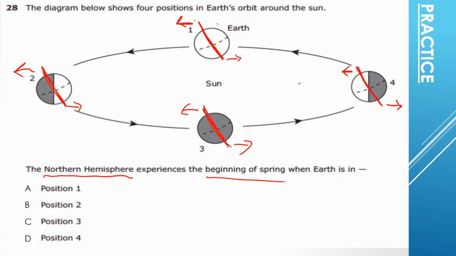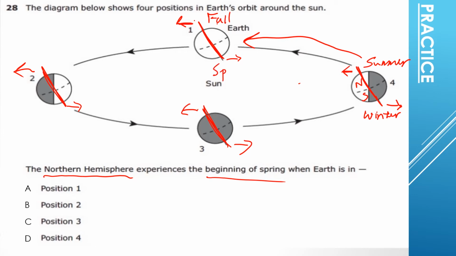And so right here, let's start with 4. Okay, so the northern hemisphere is leaning towards the sun, so that means it's summer. This would be winter. Right here, neither one, so it's going to be an equinox. So we can assume, though, because logic, what comes after summer, this would be fall in the northern hemisphere.